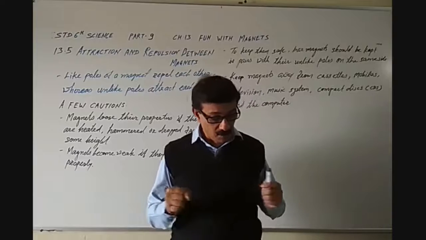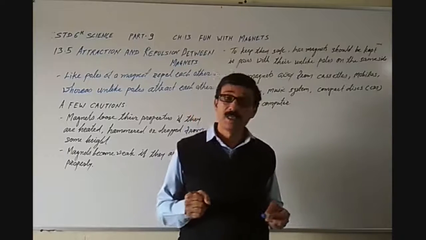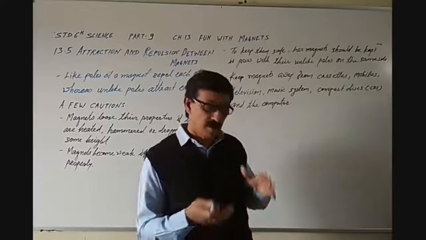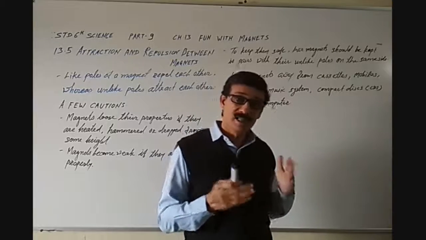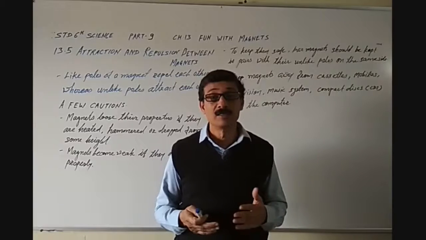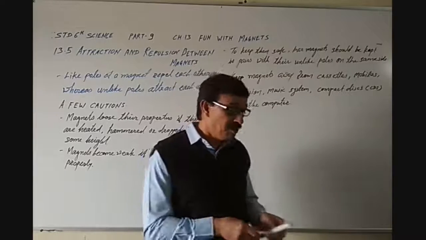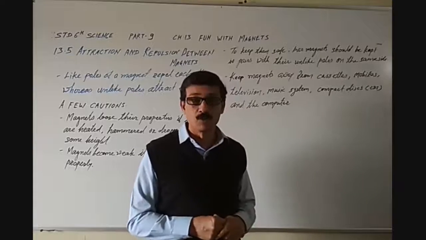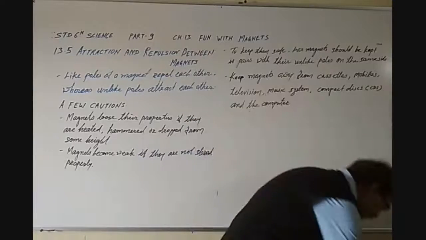So before reading in the textbook, let's try to understand repulsion and attraction between the magnets, and then after we will read the textbook. So for that, let's do this.